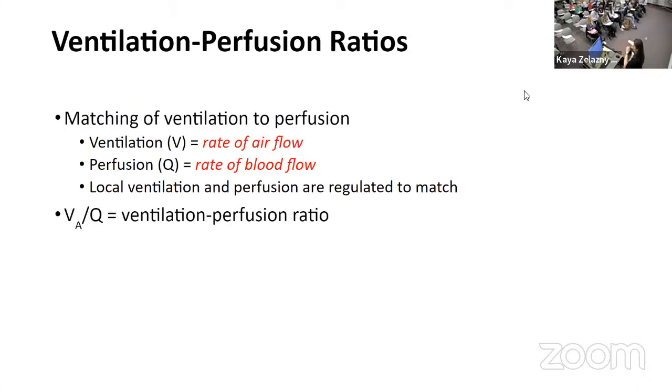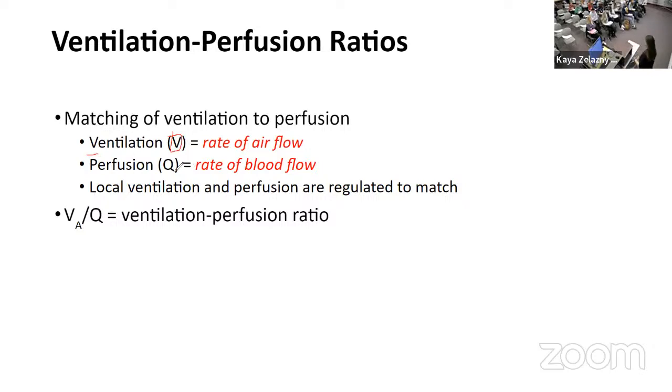Okay, so we're matching ventilation, which is the movement of air, the breathing, to perfusion, which is that movement of blood to a specific area. So ventilation in this ratio is going to be our rate of airflow. Perfusion is going to be our rate of blood. So V for ventilation, I don't know where the Q comes from, but it's the other one. So Q is the perfusion.